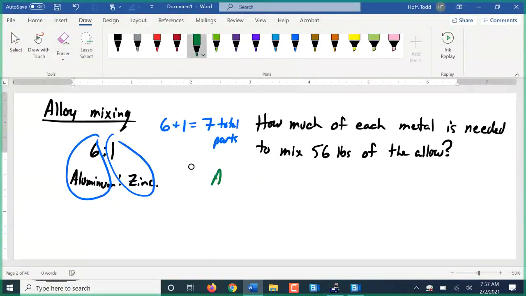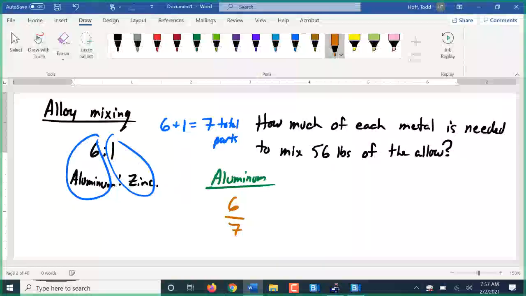So for aluminum, there is 6 parts aluminum out of 7 parts total, because we did the 6 plus 1 to get 7. And here the 56 pounds represents the total weight of that final alloy.